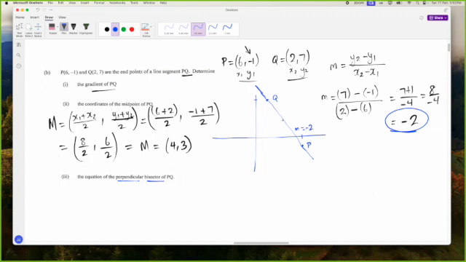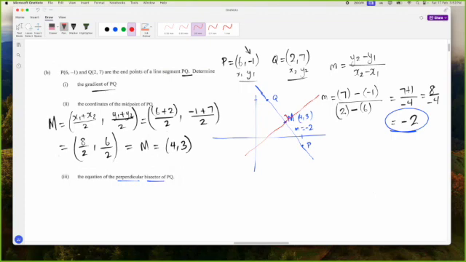So 4 on the X and 3 on the Y might work out to be somewhere here, which really looks midpoint-ish. So the perpendicular bisector is that line that will be perpendicular to PQ, but cutting it in half.